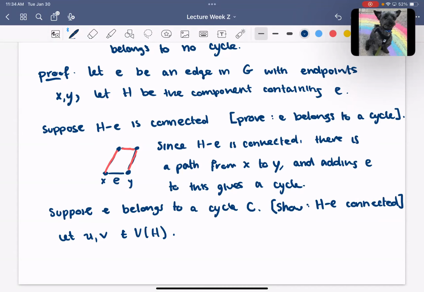So we know already that the component H is connected. So since H is connected, there is a path P from U to V inside of H. So H has a U, V path, which I'll call P.